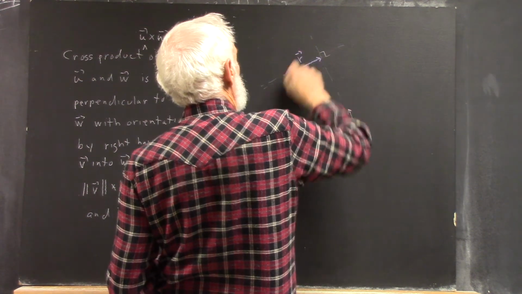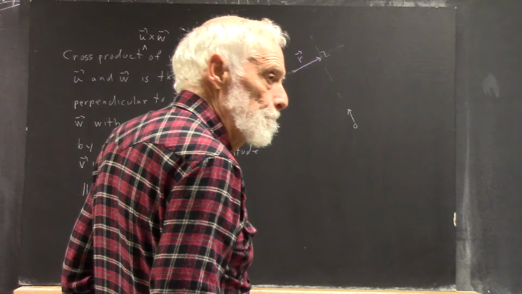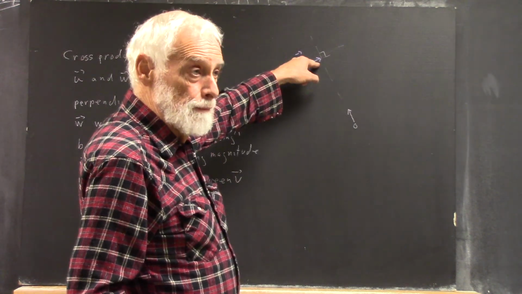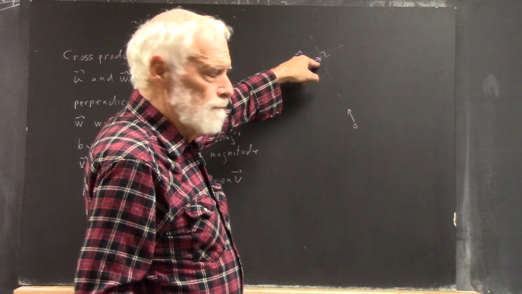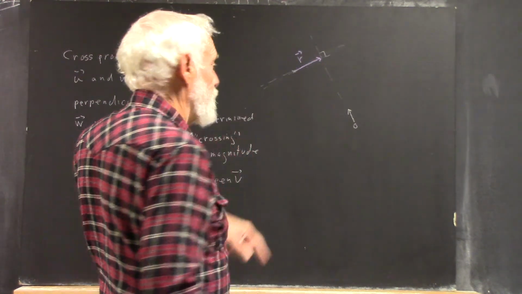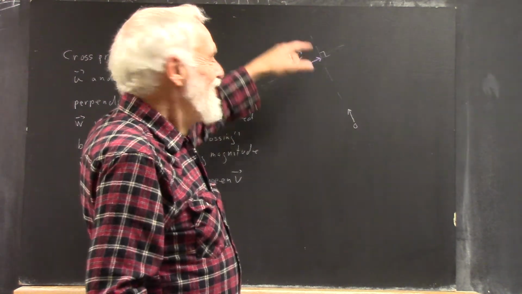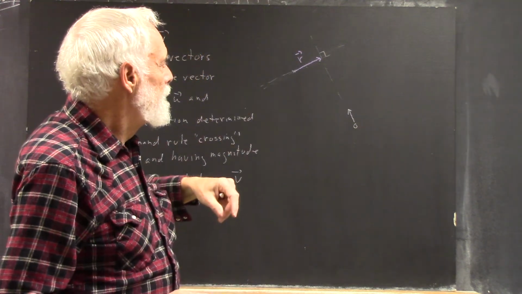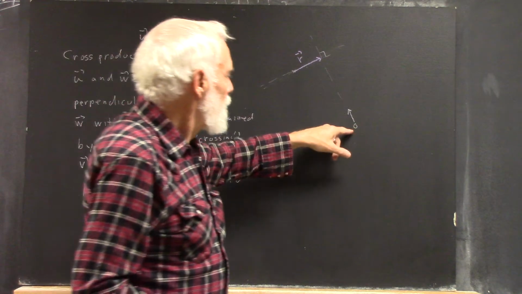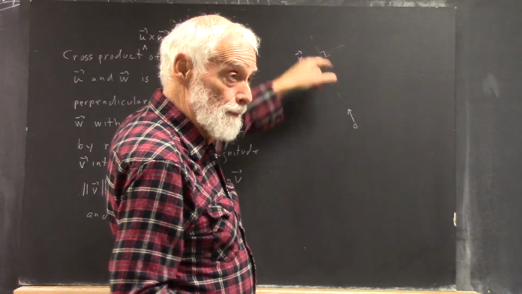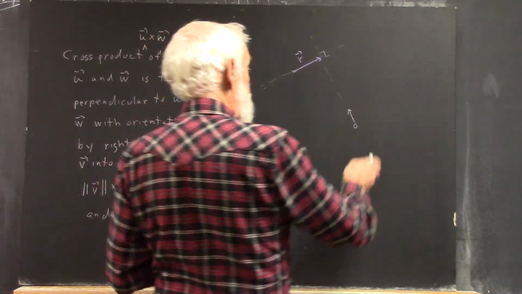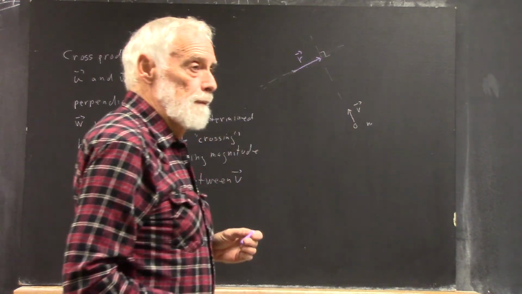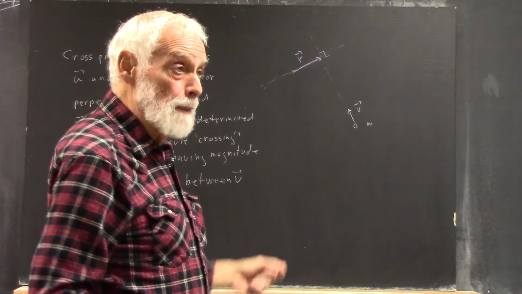Now, if the mass hits here, there's a mass m with velocity v, its moment of inertia is going to be mr squared.